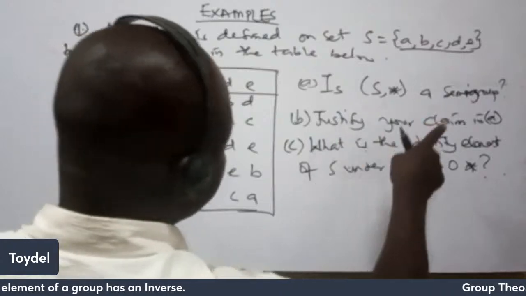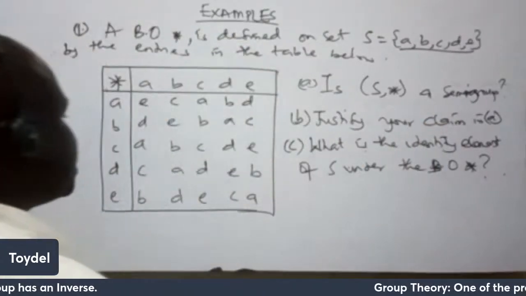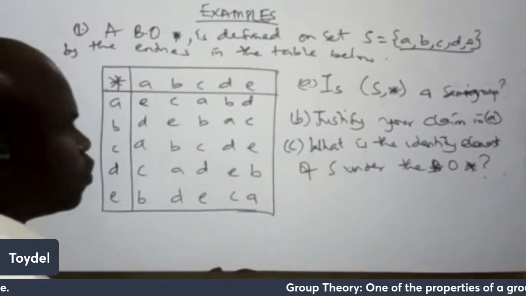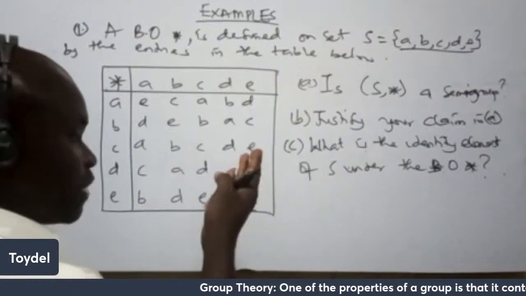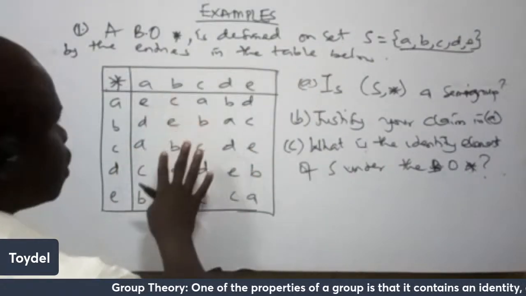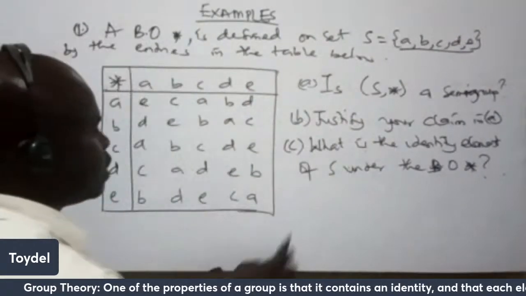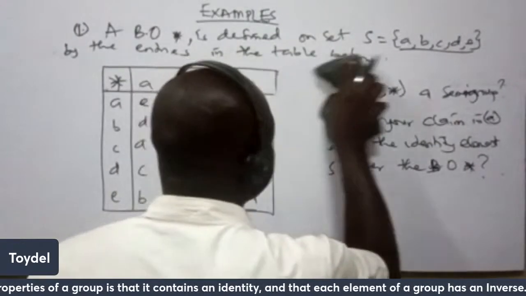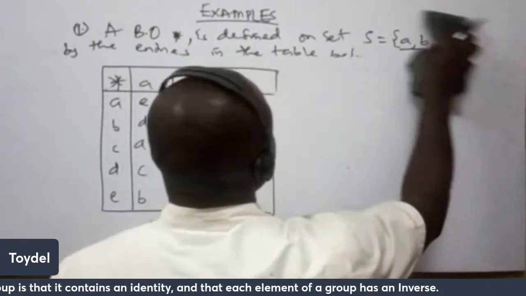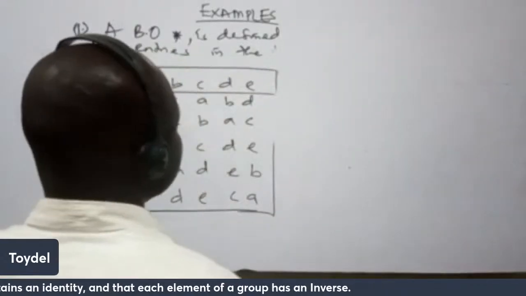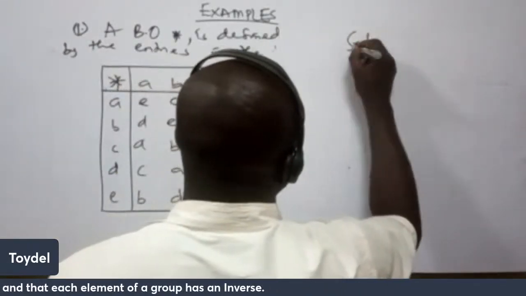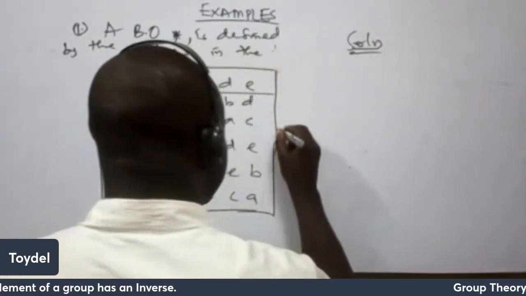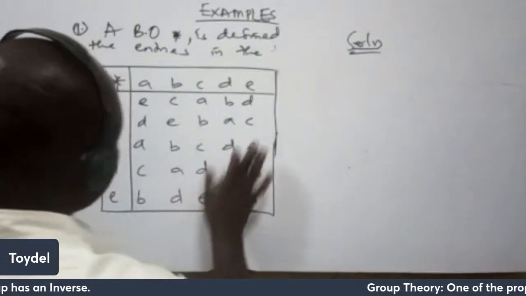So is this a semigroup? Either you say yes or no. But we are going to check, of course, whether it is closed. Since we know the question now, I can rub it off. So let me just do the solution here. Solution. The first question, is it a semigroup? Of course, this is closed.